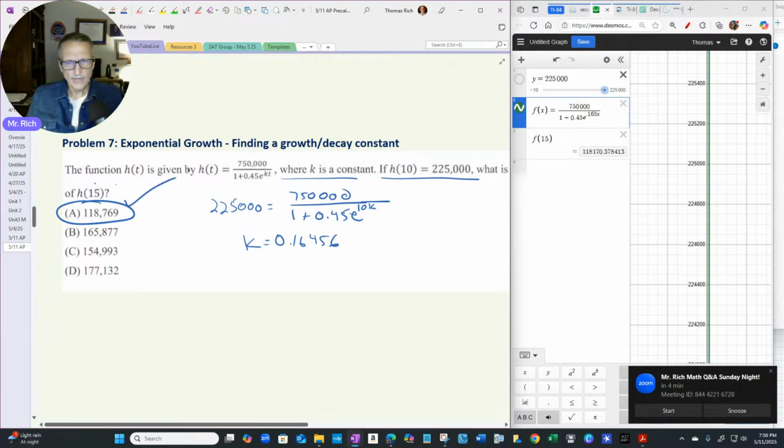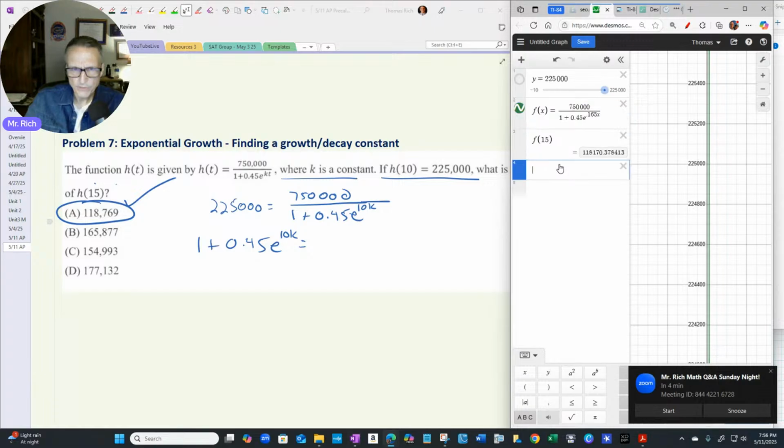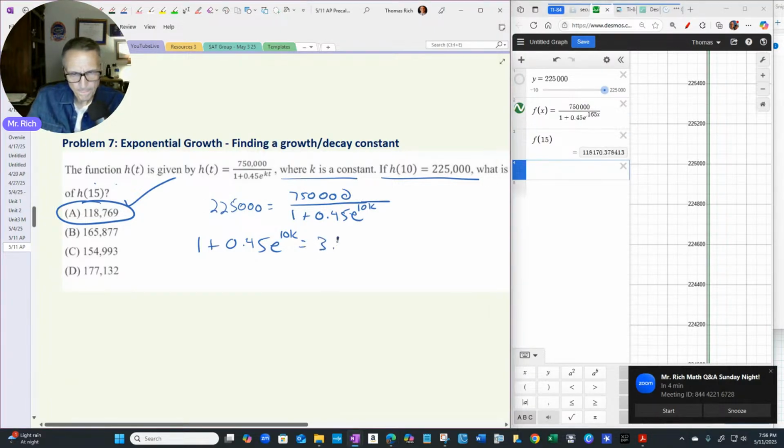All right. And again, one of the things that I did here was show you how to solve for k algebraically. What we could do is switch this over to the left side by multiplying on both sides. So it gives us e to the 10k. That was 3.33, so we take 750 over 225. We take away 1 on both sides.